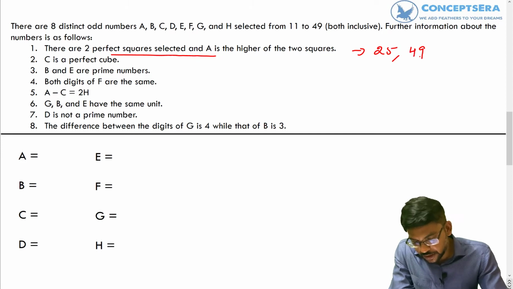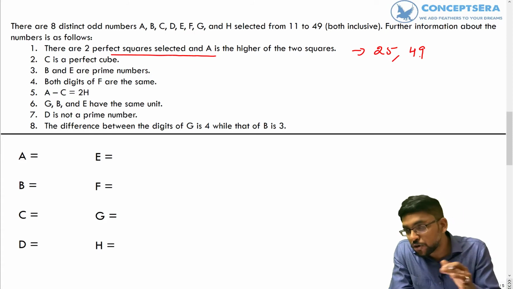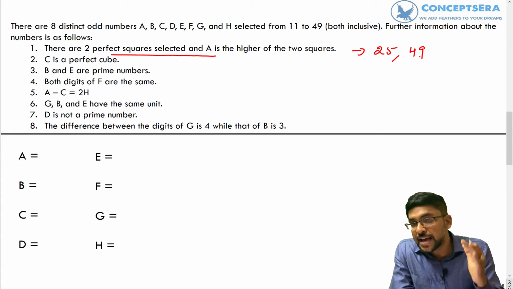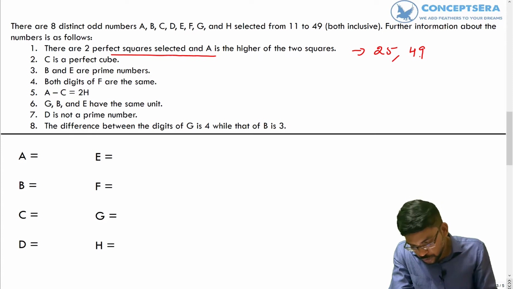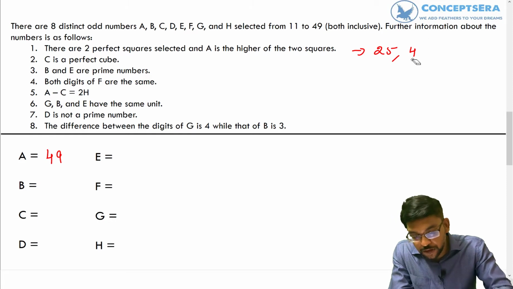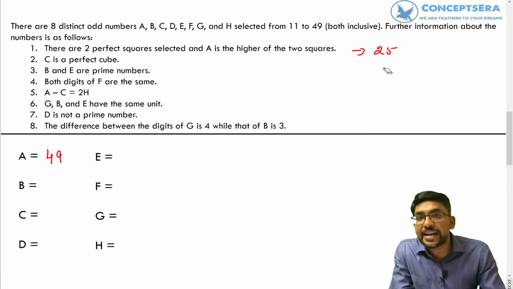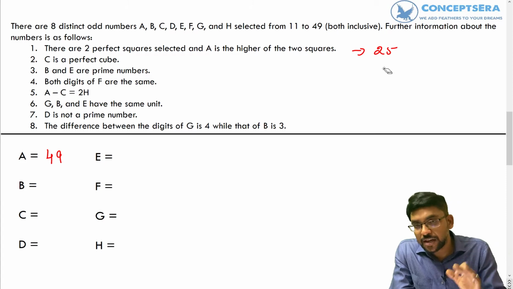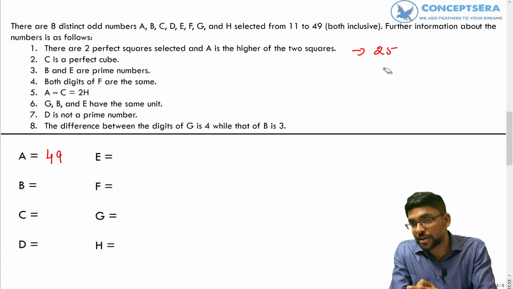Now if we read further, A is the higher of the 2 squares. So immediately we can say A is 49 here. We can remove 49 from here because we already decoded that letter A represents 49. The other letter is supposed to represent 25 because there are 2 perfect squares.